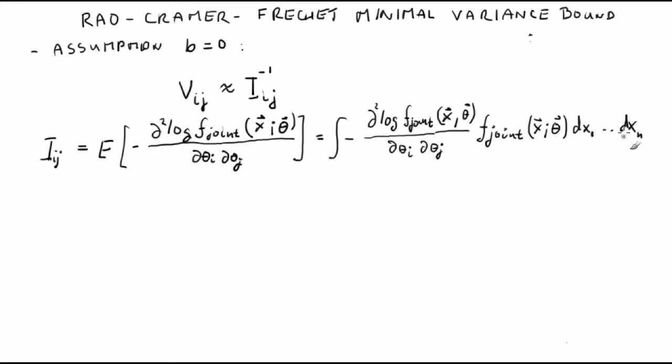Typically, you will find this definition using the likelihood function instead of the joint probability density function.